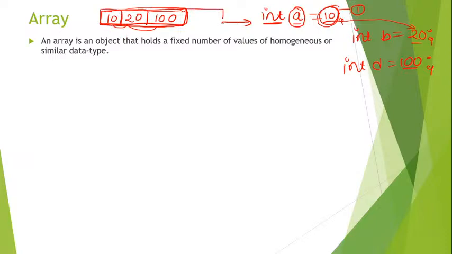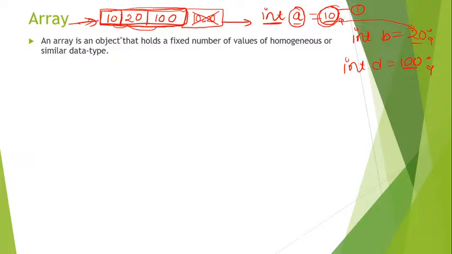If you want to define a float instead of an integer, it is not possible, because an array only accepts similar data types. If you create an integer array, you can only store integer elements. If you want to store floats, you have to create a float array.